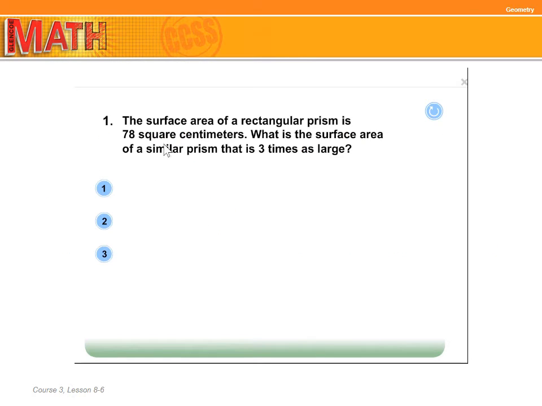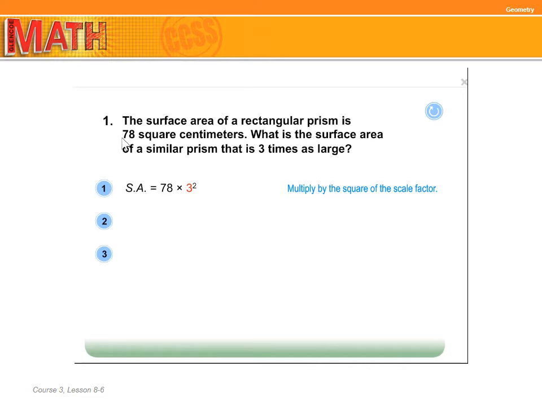Example 1. The surface area of a rectangular prism is 78 square centimeters. What is the surface area of a similar prism that is 3 times as large? So we're going to use the surface area formula, 78 times the scale of 3 times as large, and we're going to square that. So 3 squared.